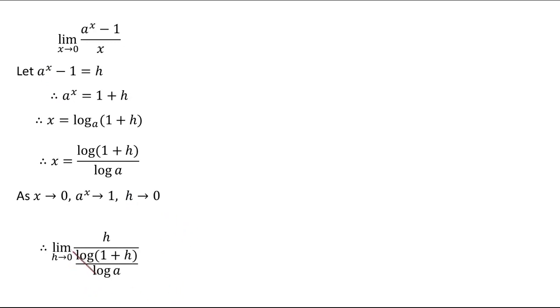So instead of writing x as log of 1 plus h upon log a, we can write this as limit as h tends to 0, h. Now, from where did this h come? It came from here, a raised to x minus 1, upon x. Now, what is x? x is log of 1 plus h upon log of a, which we have written in the denominator over here.